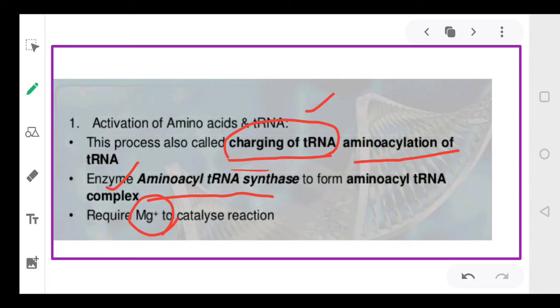Basically, the tRNA combines with amino acids, and thus it is referred to as charging of tRNA. Amino acids become attached to the tRNA, and this attachment is done by the enzyme amino acyl tRNA synthetase, and can only occur in the presence of magnesium ions.